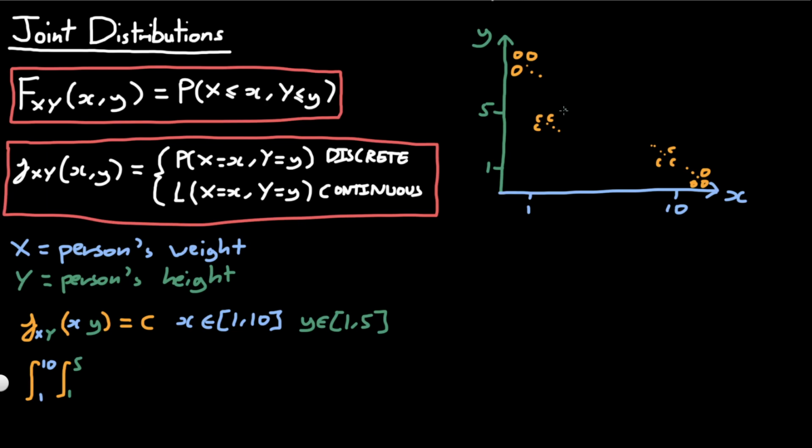We want to sum the probability densities over those ranges, and this would essentially be a volume. Again, using a visualization, we have a cuboid here in this range, with width 4, length 9, and height c.